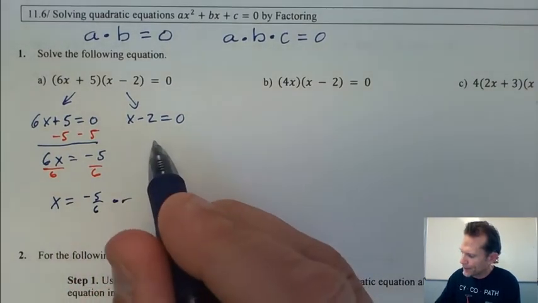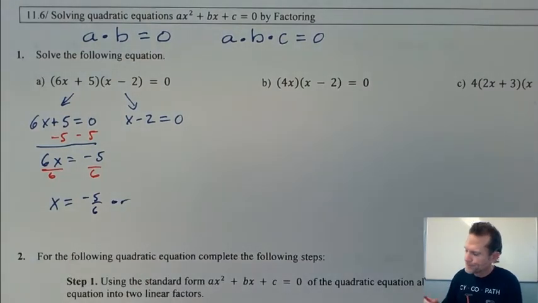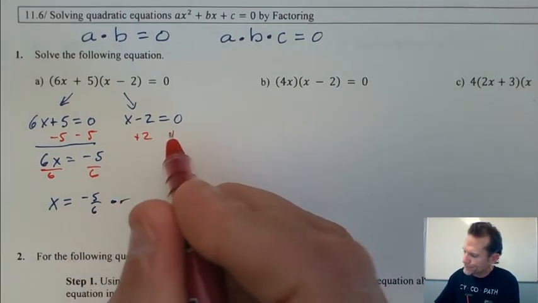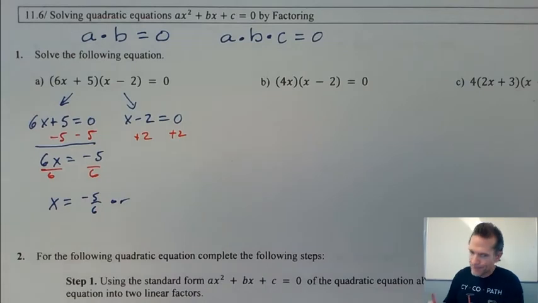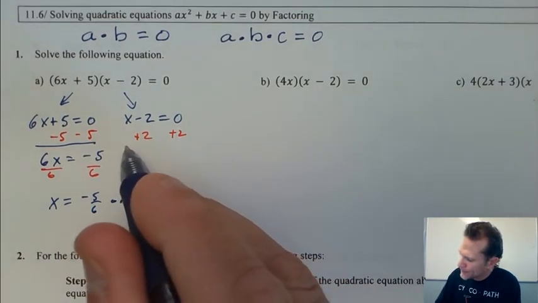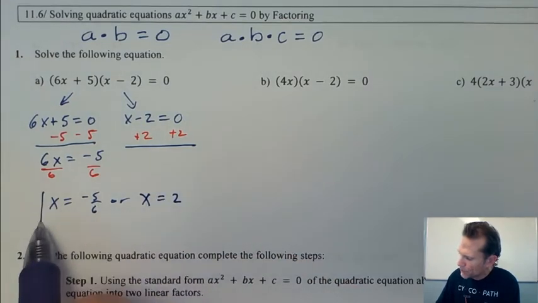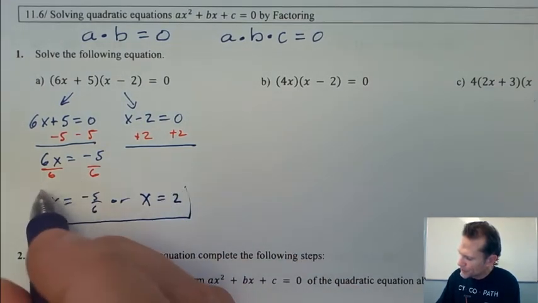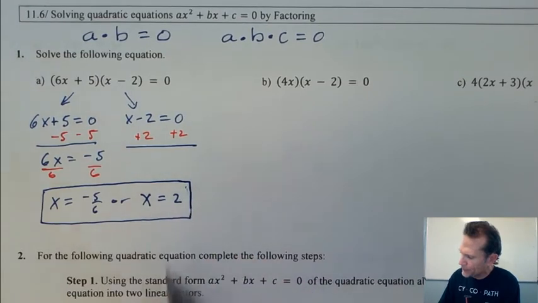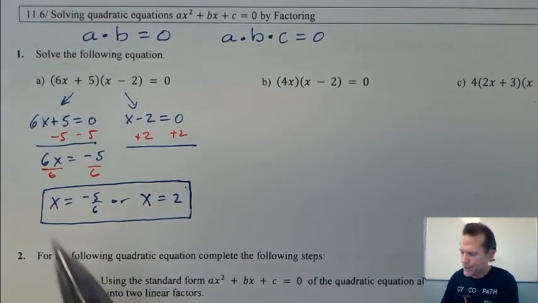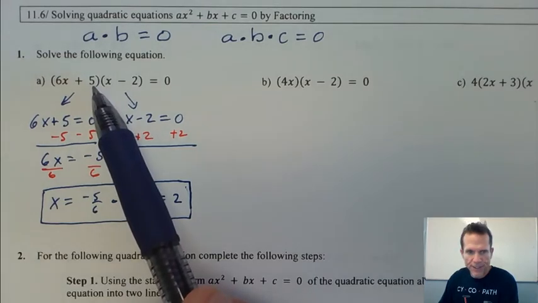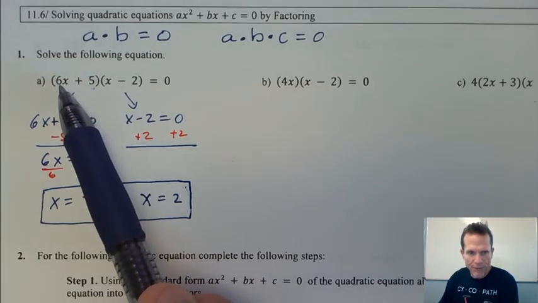Or here we can solve this one. Add 2, and we get x equals 2. So what some students and people have done over the time is start to realize that, hey, there's a shortcut on this. We could change the sign on this and put it over this. Let's try that.